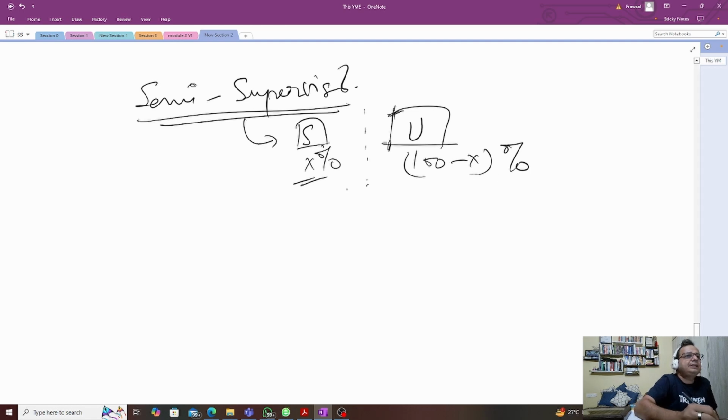One method is that you forget about the unsupervised data. You use the labeled data and you start building models on it. This is possible when X is very large. Let's suppose it has millions of data points, and the other part also has millions or probably tens of millions.